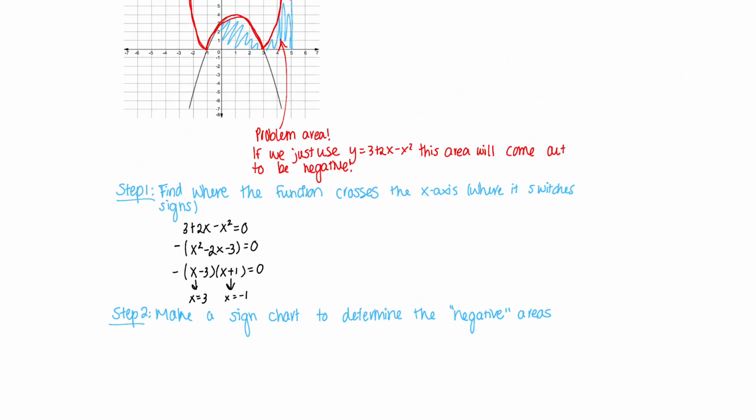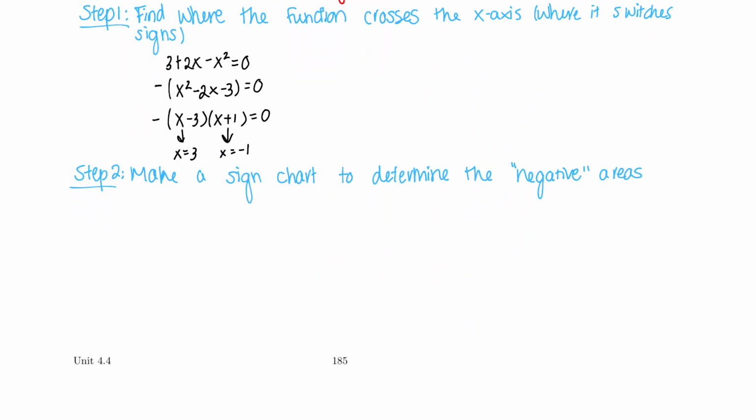So I'm going to make a sign chart to figure out where the original function, before the absolute value was taken, would have been negative so that I can accommodate for that when I set up my integrals. I'm going to do negative 1 and 3. And there is this negative right here, so just make sure you're accounting for that everywhere.